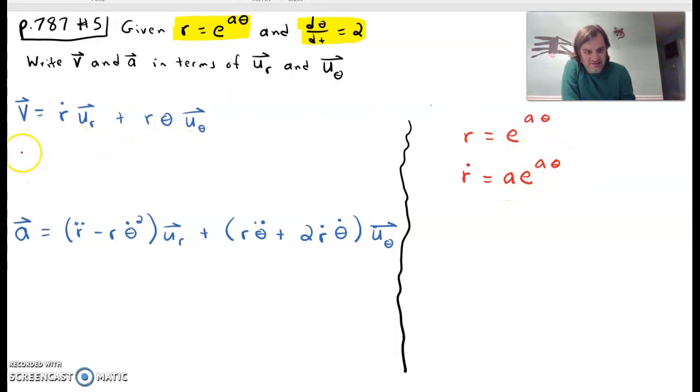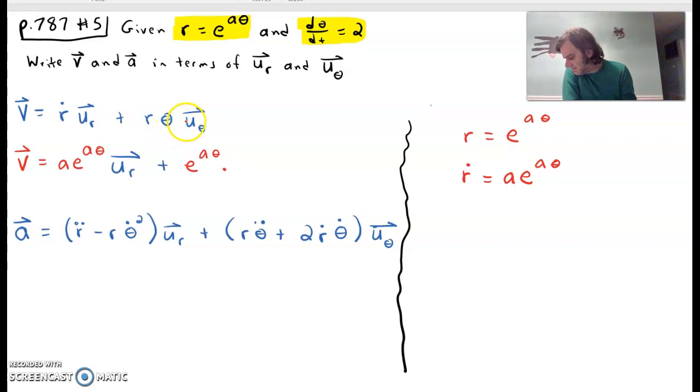So let's see here. This velocity vector will be r prime, which we just said was a e to the a theta, times the unit radius vector plus the original r, which was e to the a theta, times theta.